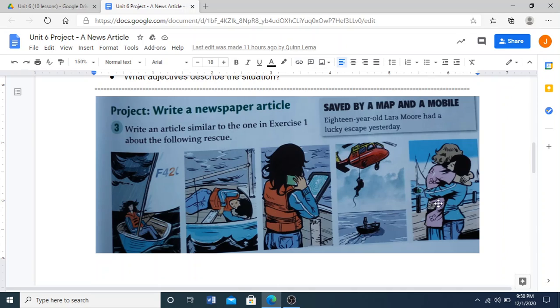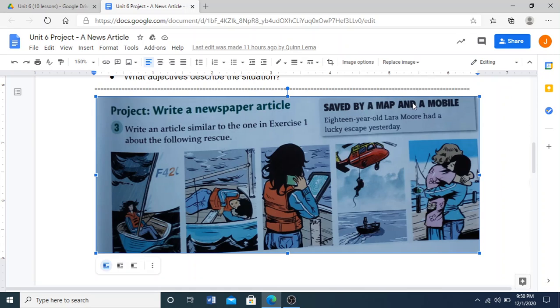Depending on how you want to tell the story, a suitable title for this whole scenario is Saved by a Map and a Mobile.